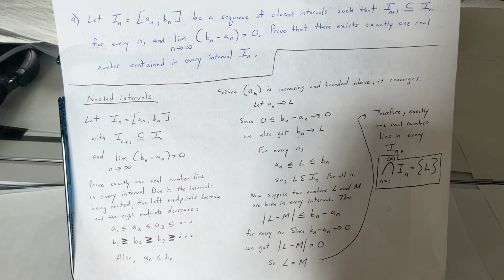Then the absolute value of the difference between L and M is less than or equal to b sub n minus a sub n for every n.